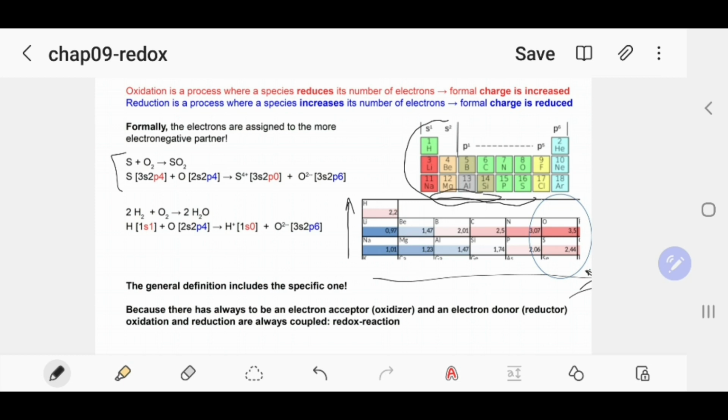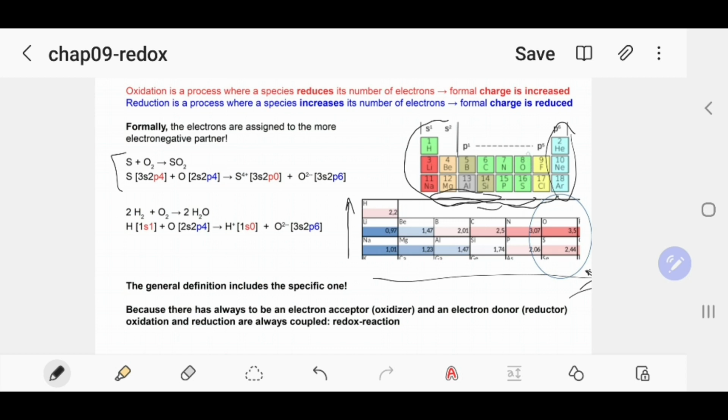So if you check the table again in this chapter, it's easier to just lose 1 electron or 2 electrons than to, for example, gain 4 or 5 electrons to become like a noble gas, so with saturated orbitals, if you remember this.